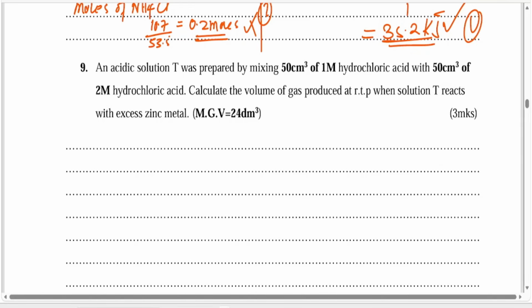So first, we are going to work out the moles in each solution, the first acid solution before it was mixed. So we work out the total number of moles of hydrochloric acid in the mixture.